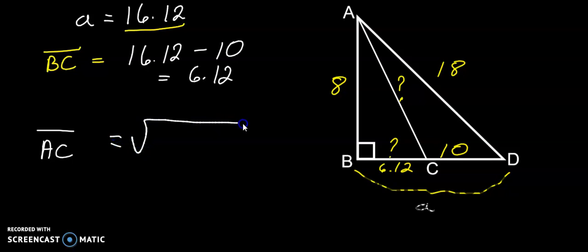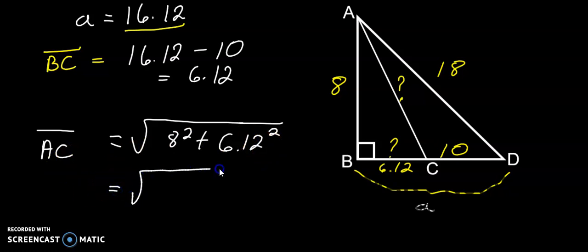It's 8 squared plus 6.12 squared, that's the number I just found. So AC equals the square root of 64 plus, so 8 squared is 64.